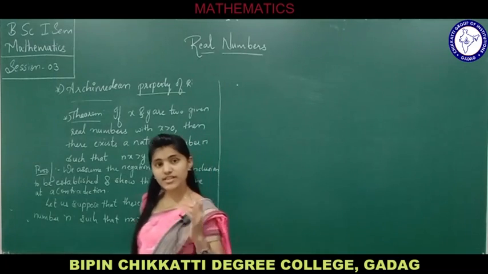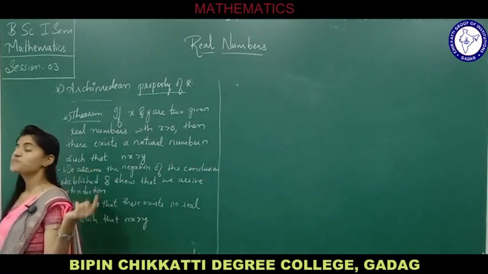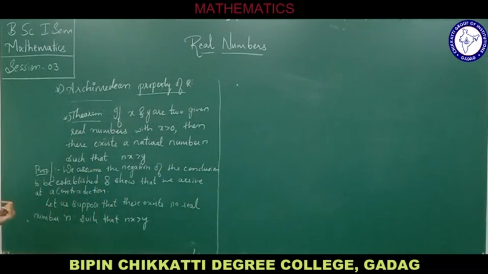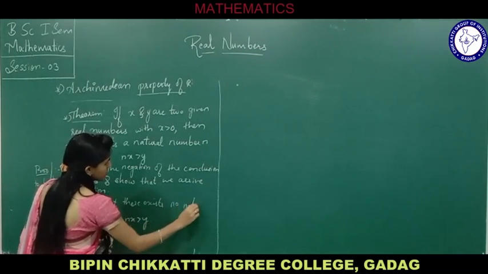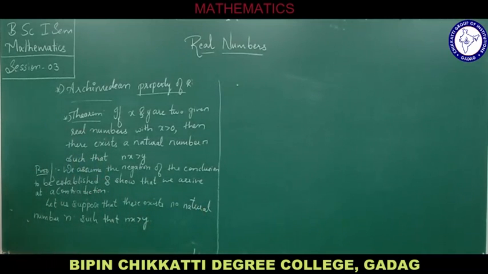What kind of real number is not there? Let us suppose that there exists no natural number n such that n into x is greater than y.